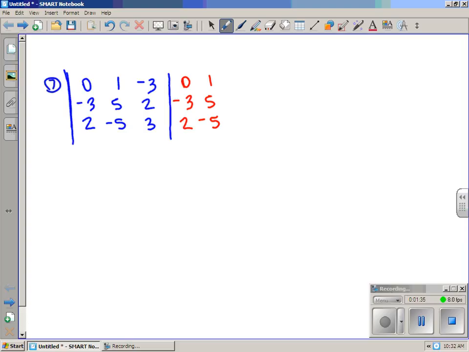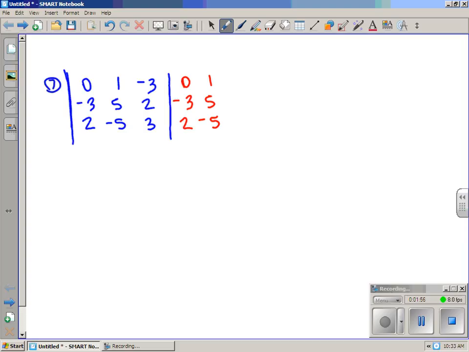If you're not neat and organized on these, you're going to have a hard time. So be nice and neat and make sure everything's lined up correctly. Now, determinants are not difficult. They will take up a lot of space, but they use your four basic operations: addition, subtraction, multiplication, and division.